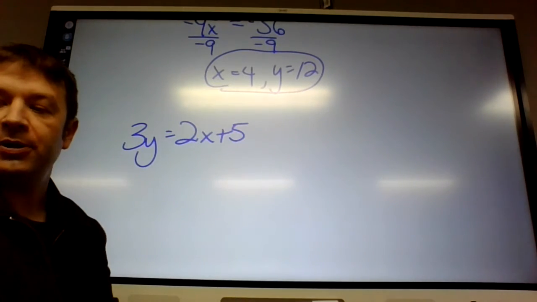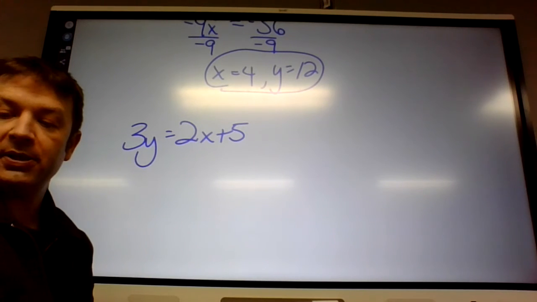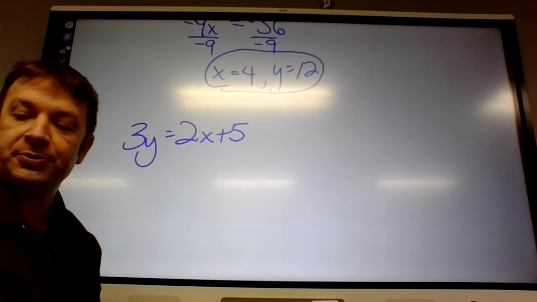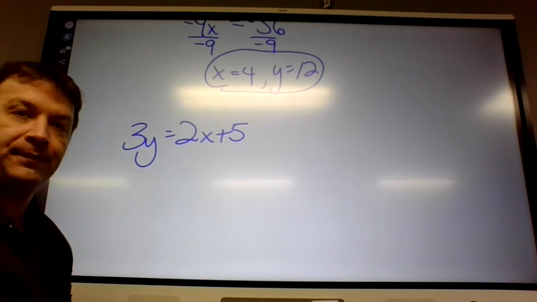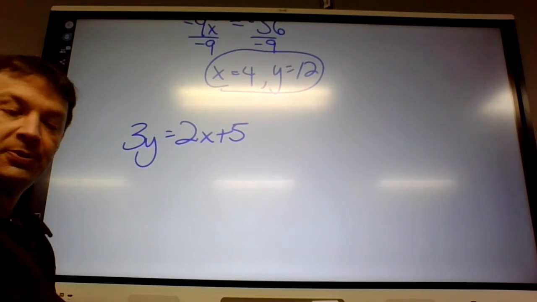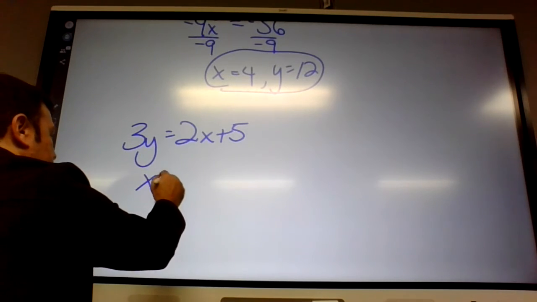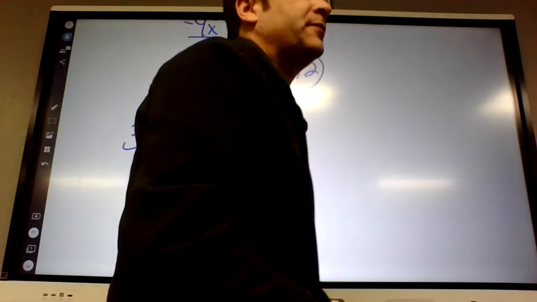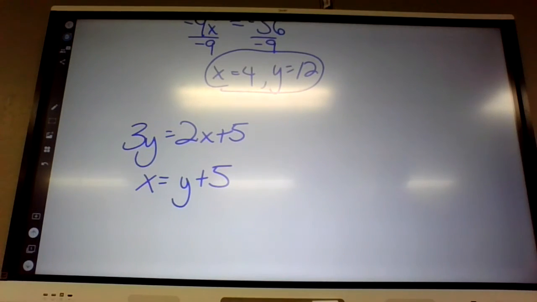And what's another equation we could get out of that picture? X equals y plus 5. You guys see where you got that? X and y plus 5 are also alternate interior angles. Now, we could shift stuff around and do elimination again, but does anybody know another way we could solve this? Substitution.